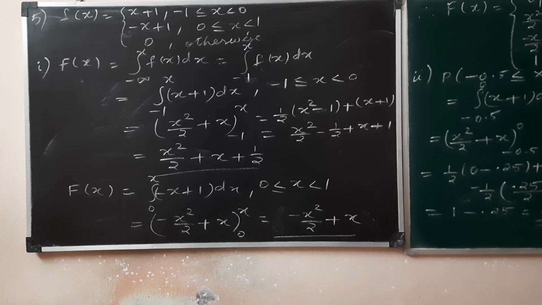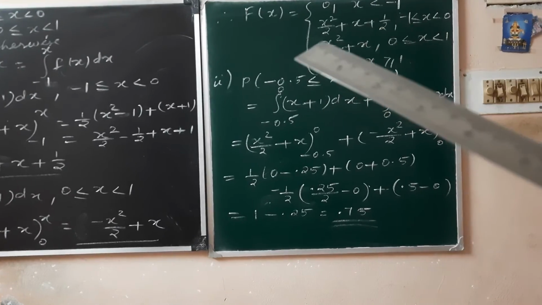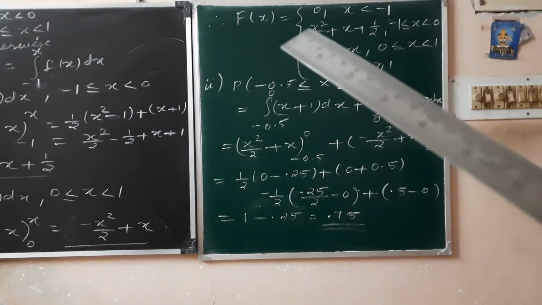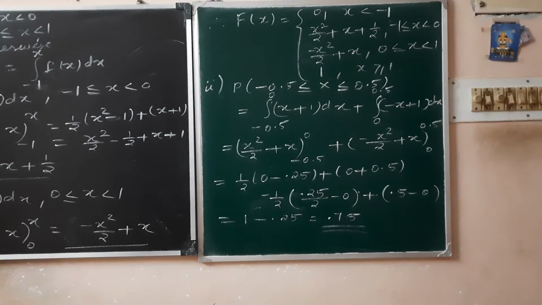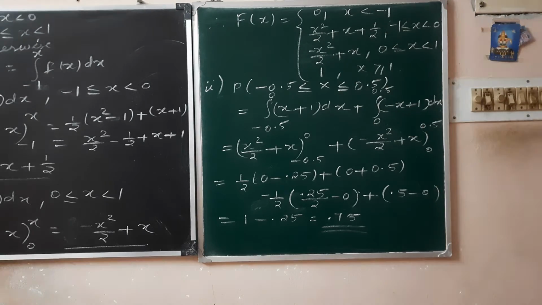And after finding the two different definitions for capital F, we are supposed to write this final answer in brief, in reference. So minus 1 is the least value of the variable. So when x is less than minus 1, capital F will be 0. And in the interval minus 1 to 0, it is x square by 2 plus x plus half.